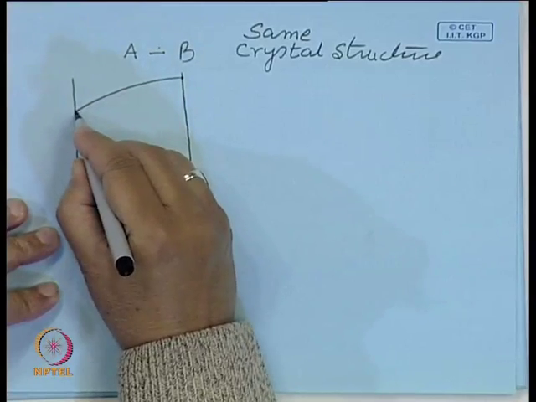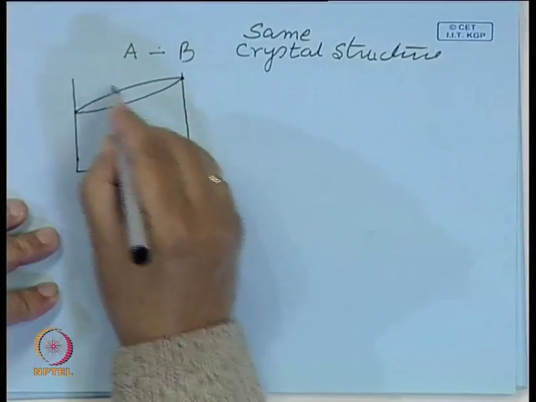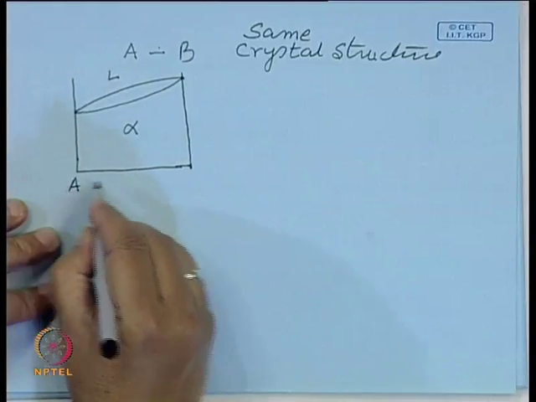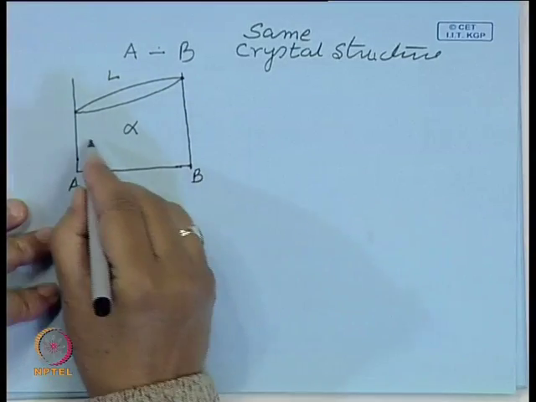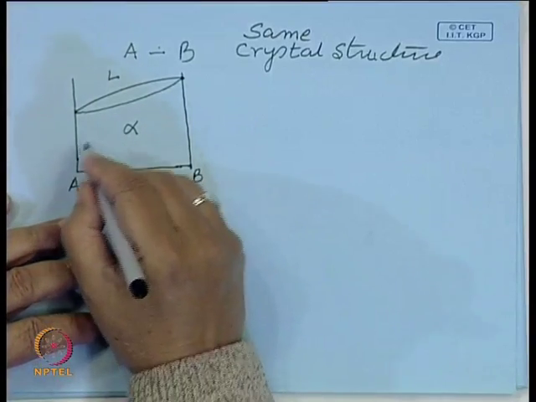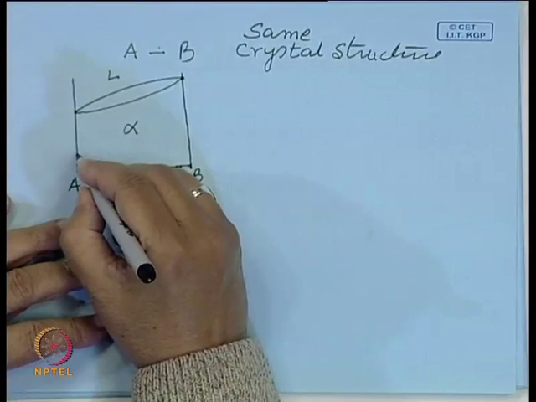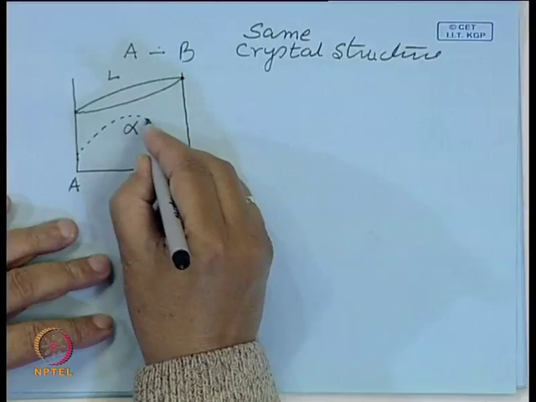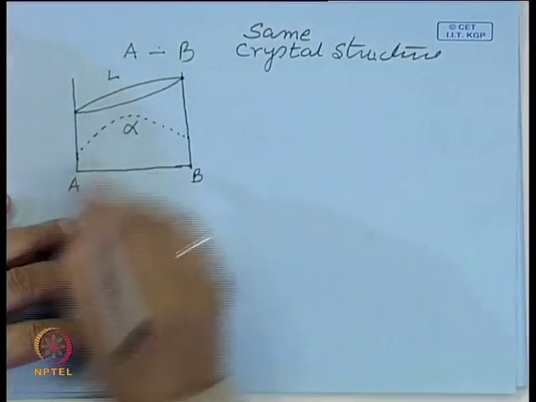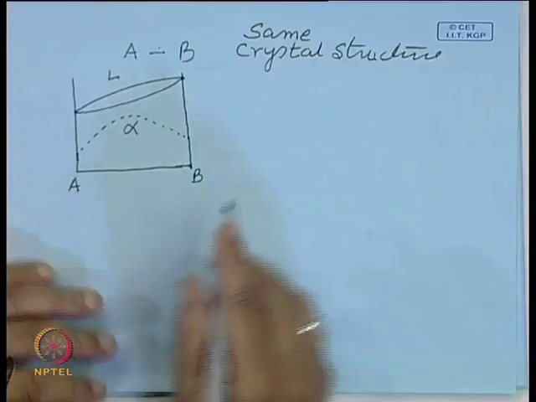You get this kind of diagram. This is liquid, this is solid, this is alpha. You have unlimited solubility here, and in this case the properties, as we have seen, will vary like this. Somewhere in between you will have the maximum strength.